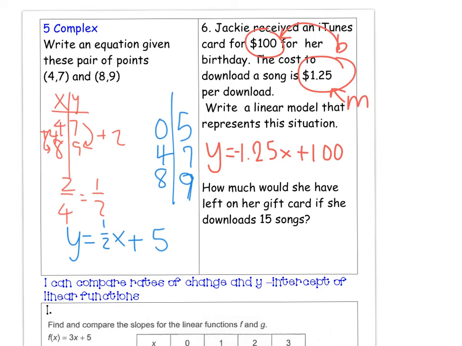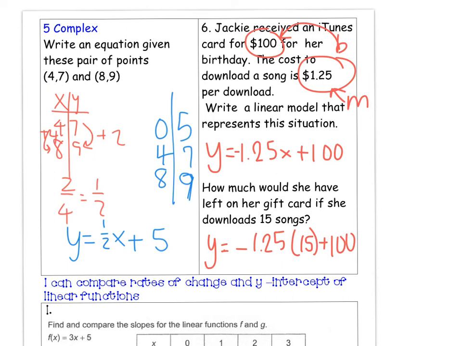Okay, how much would she have left on her gift card if she had to download 15 songs? Okay, so we can do a couple things. We can make a chart, or we can make ourselves a table and keep subtracting every time. But I think what I'm going to do is take $1.25 and multiply it by 15 and see how much money I'm really going to spend.